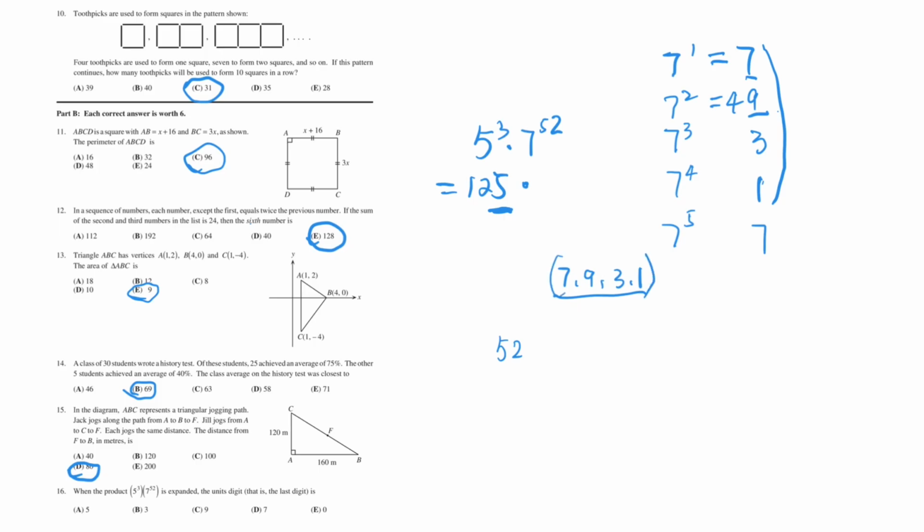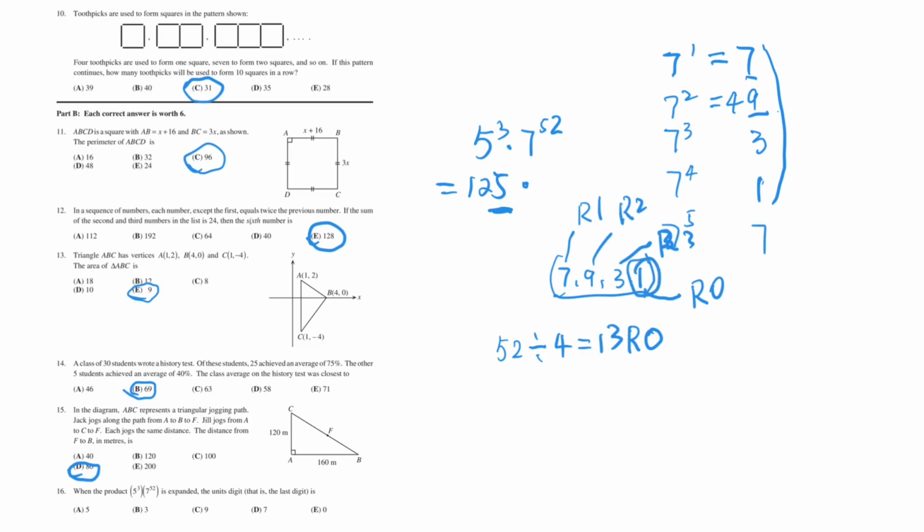Since the digits repeat every four, we divide by 4. 52 divided by 4 is 13. It is divisible, which means the remainder is 0. If divided by 4 with remainder 1, it is the first number, remainder 2, the second number, remainder 3, the third number, and no remainder, remainder 0, it is the last digit.